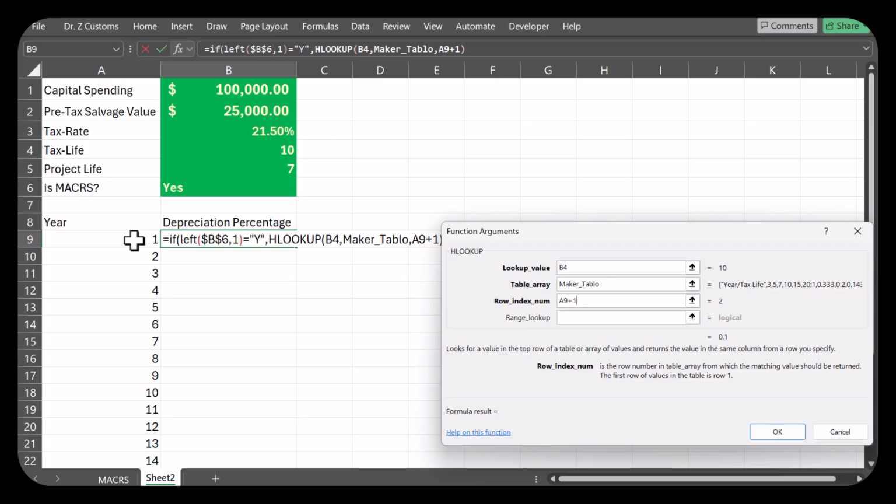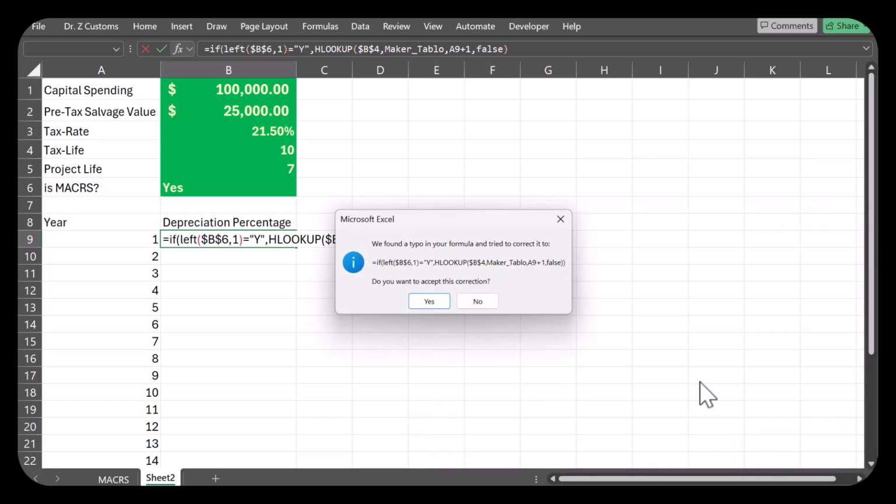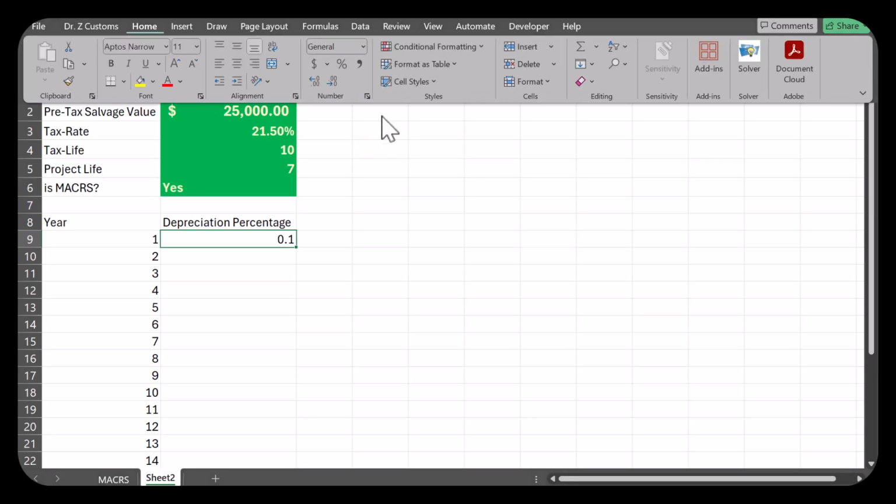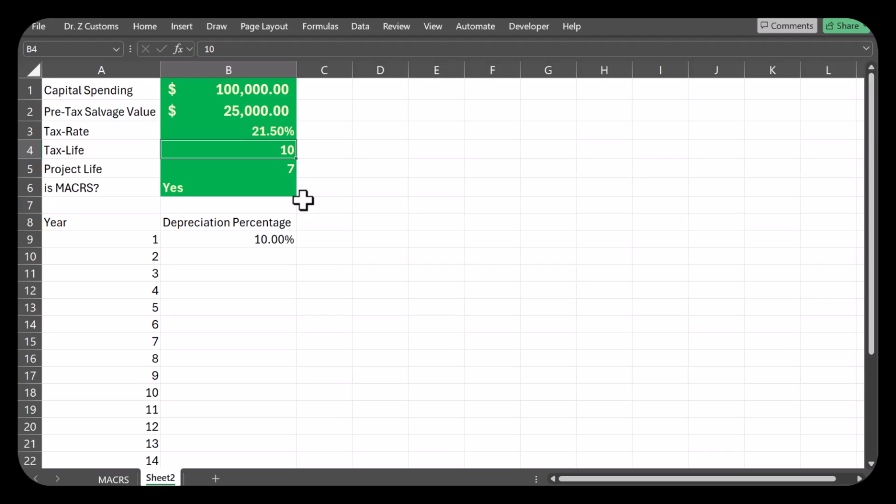And since that's also a fixed number, I want an exact match. Okay. For now, I just did this. Let's make this percent, 1, 2. You know, if this was 7 years, it would have been a different number. Let's do a little dance.